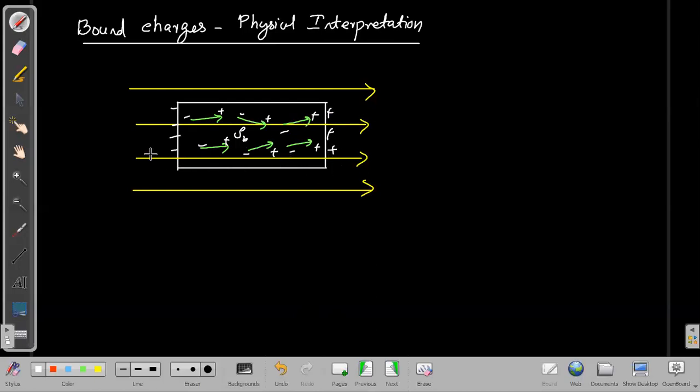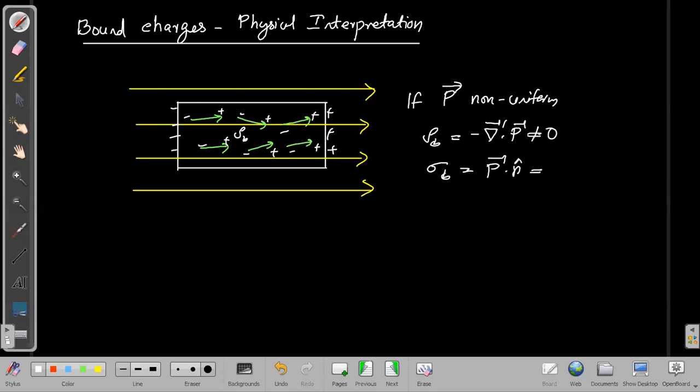If the polarization is not uniform, then the bound charge density, minus del prime dot P, will be non-zero, and sigma b, equal to P dot n, will also be non-zero. That comes through the polarization, or due to the orientation of the dipole moment. So we get some accumulation of charges within the material as well as on the surface.